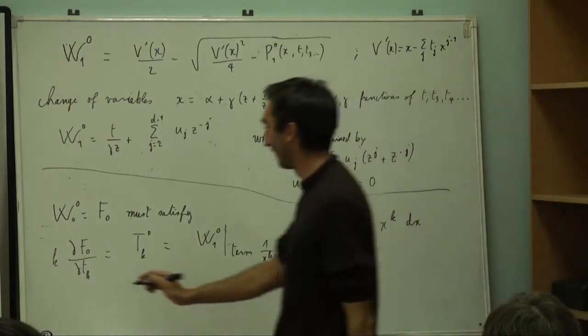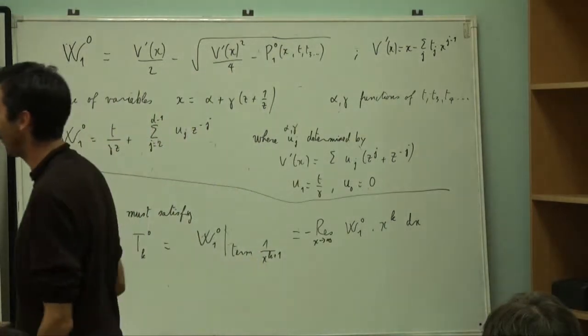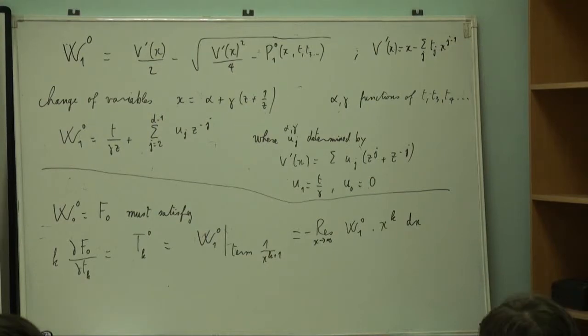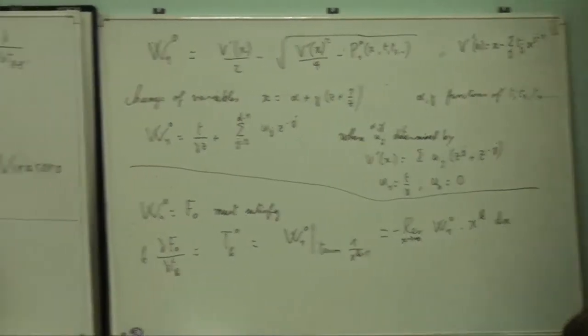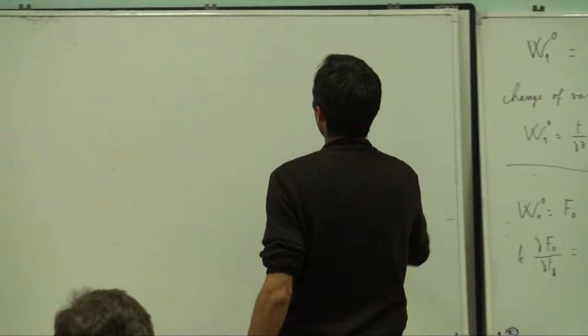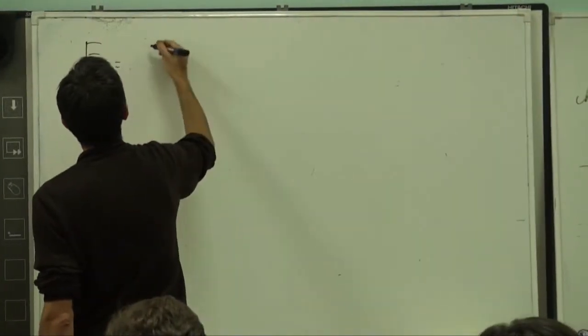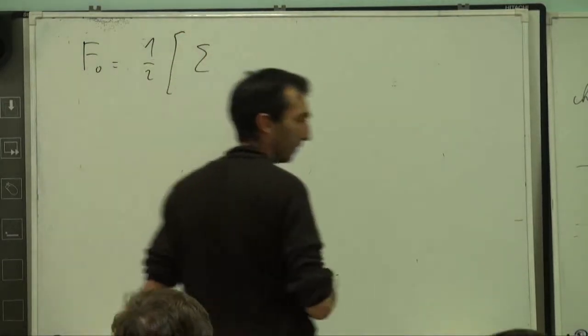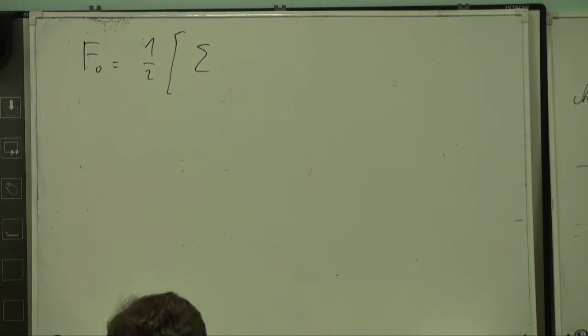So I will give you the answer for F0. F0 equals one half of some, well, let me take my notes.